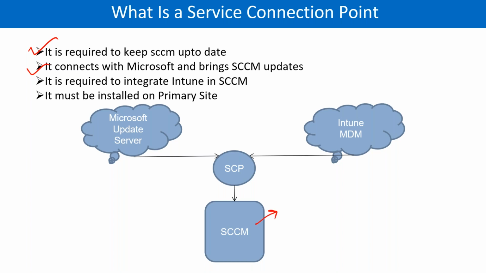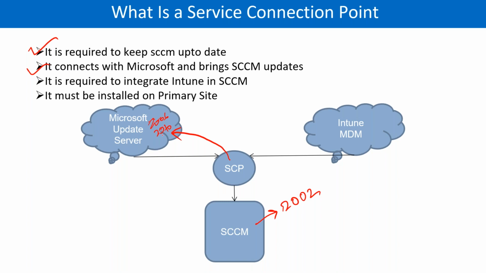For example, currently you installed SCCM 2002, but Microsoft has already released 2006 and 2010 in the update server. So the SCCM service connection point will communicate with Microsoft Update Server, and then find out what all updates are there.